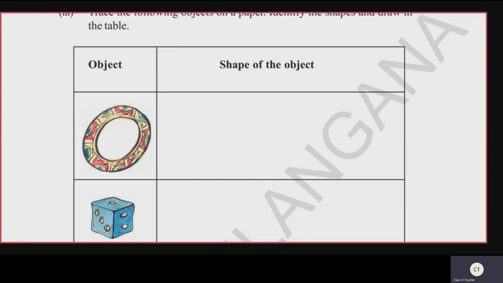Then that answer you have to write here. First of all, tell me this tire is in which shape? Round shape, means circle shape. When you trace round shaped objects, which shape will you get, children? Circle shape. Okay, children? Circle. In the first box you write CIRCLE, circle.